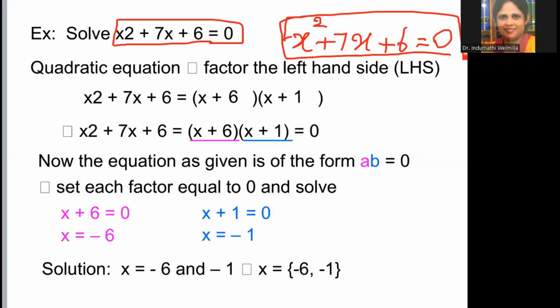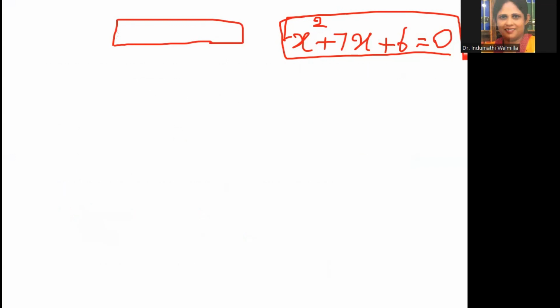Next, to solve this quadratic equation by using the factorizing method, first we need to factorize this quadratic equation, right?